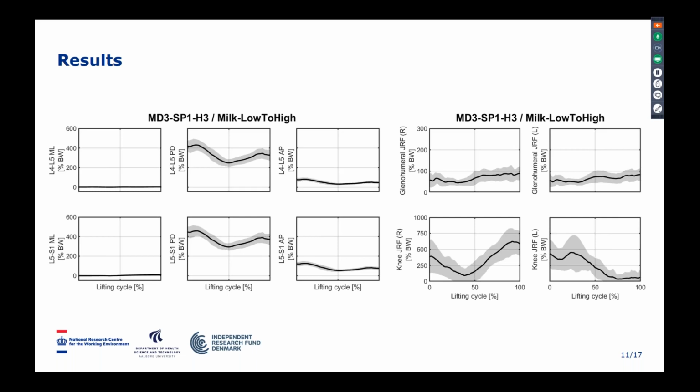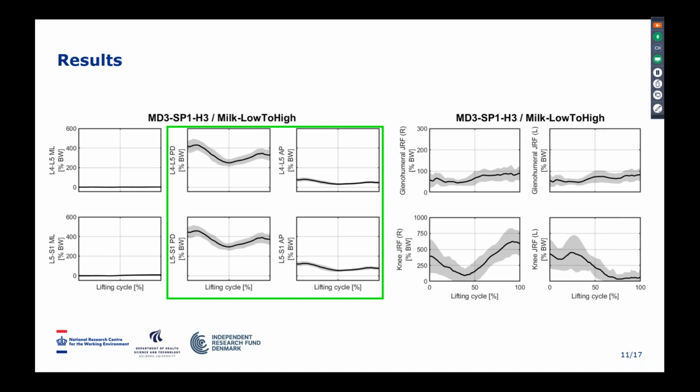What you can see here is the lifting cycle from 0 to 100%. You have these two levels of the lumbar spine, the L5S1 joint and L4, L5. You can see the whole cycle of the lift, and the compression force peaks when you pick up the weight, lowers a little bit when you walk with it, and has an additional peak when you place the lift again.